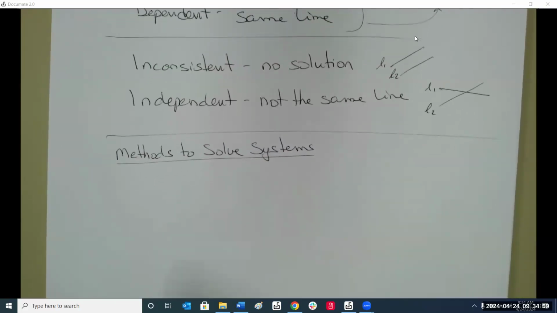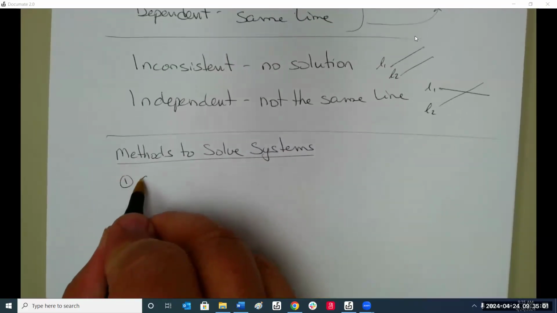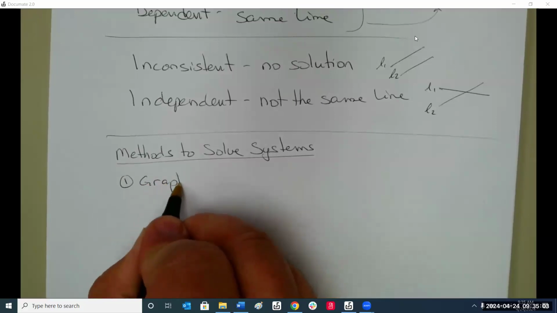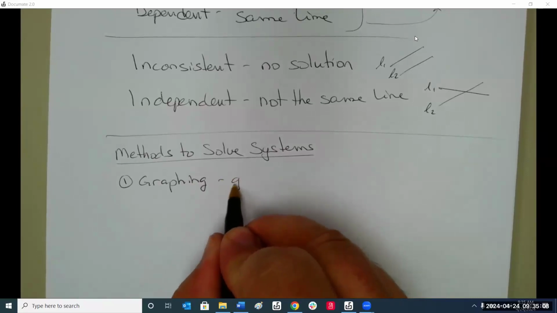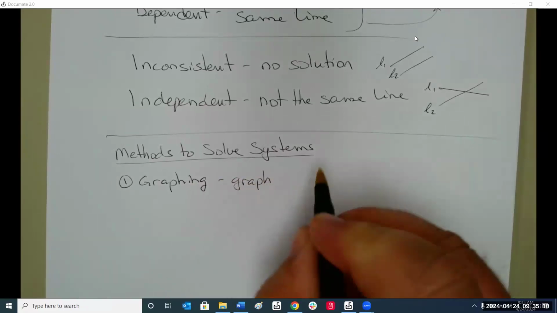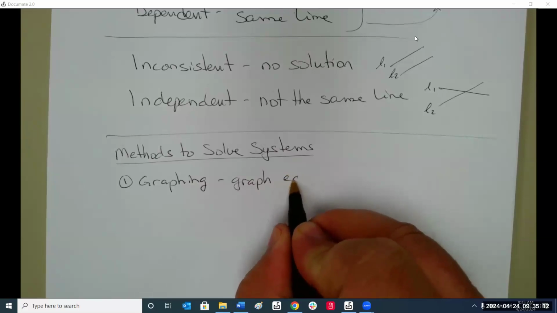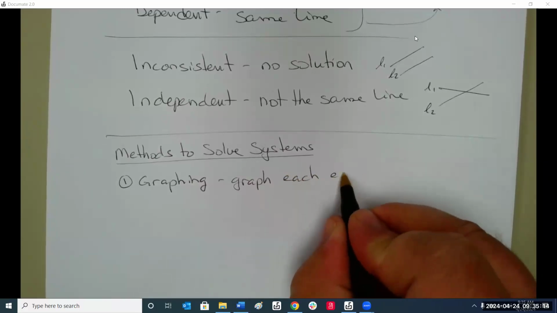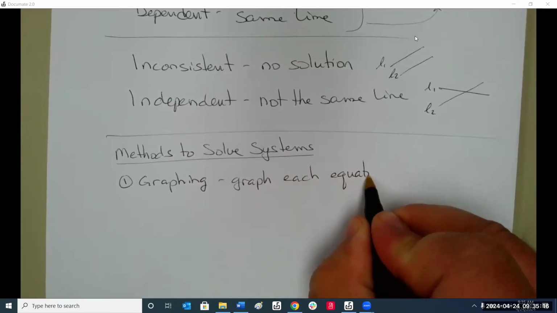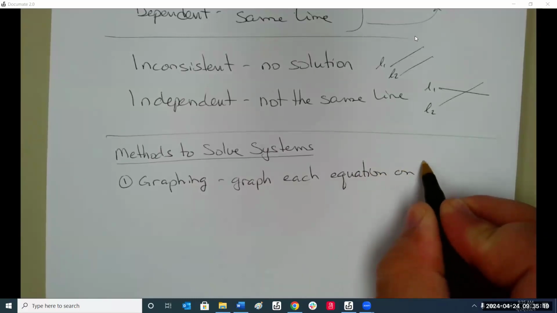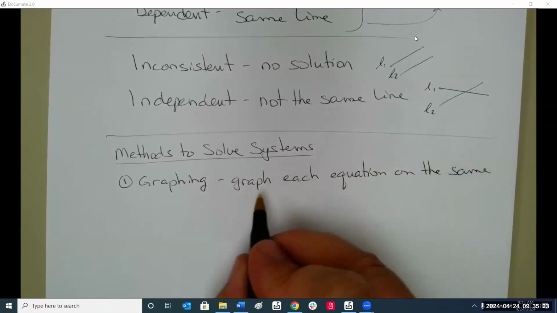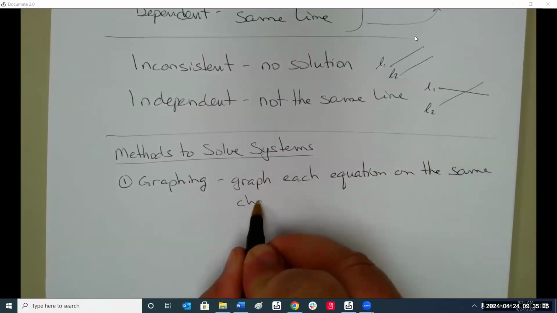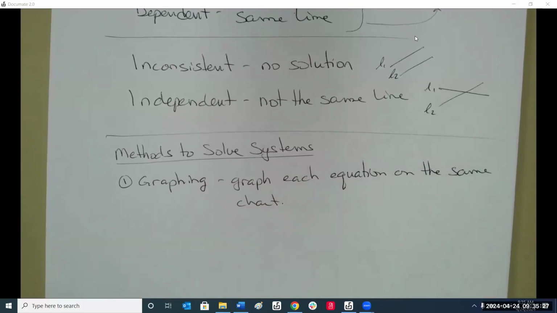There are four methods. Graphing, so you graph each equation on the same chart and look for if they intersect, and where they intersect is your solution.